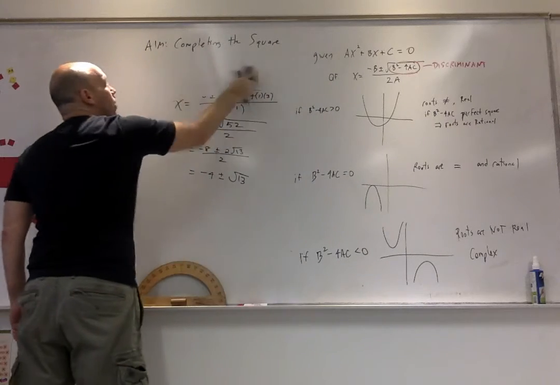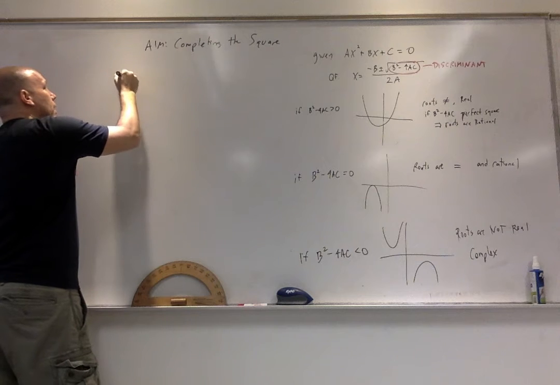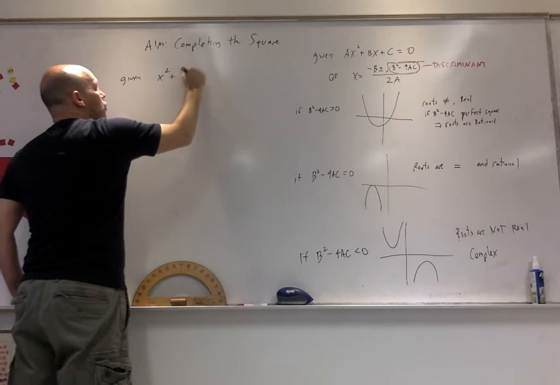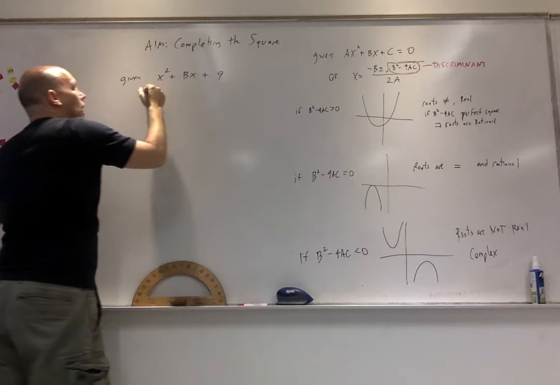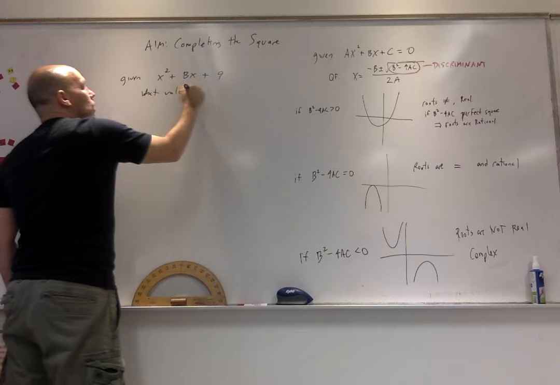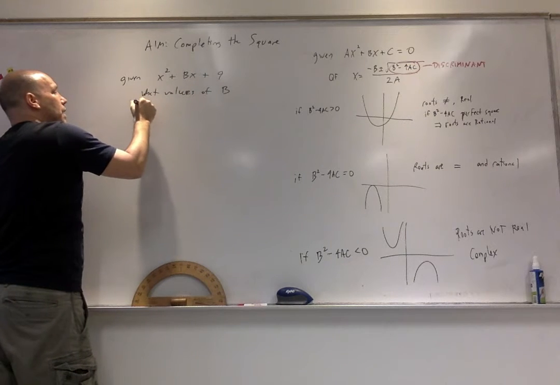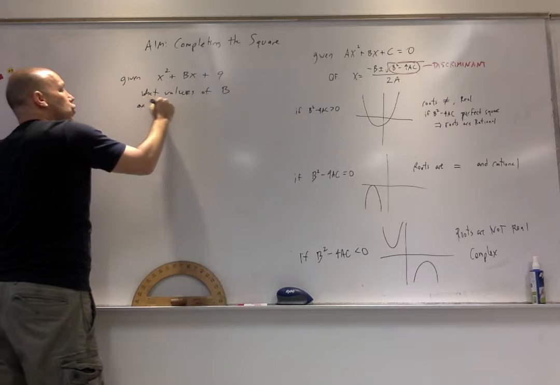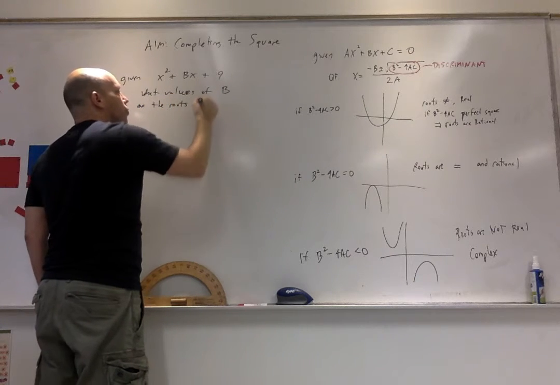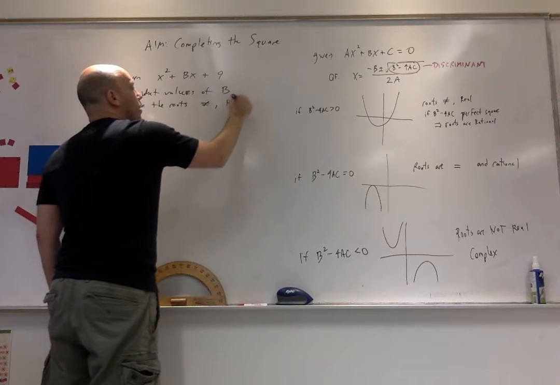The book asks questions like, given x squared plus bx plus 9, for what values of b are the roots not equal and real?